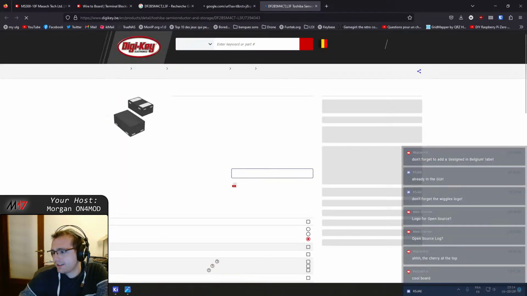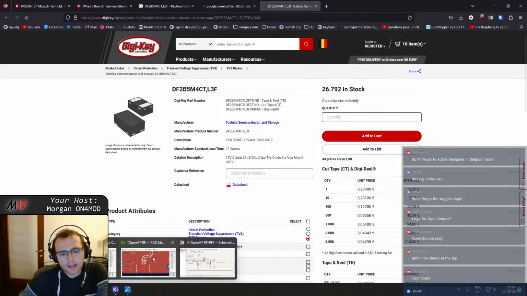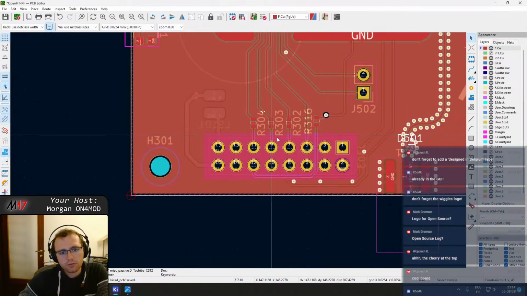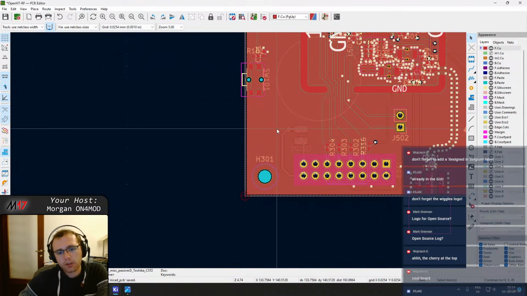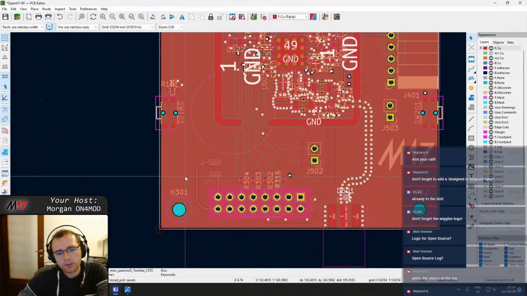Okay, I'm gonna add a small designed in Belgium label. I'm also gonna add a few features to see the layers of the board, so that when you see the board, you see that it's a four layers board, and also it helps the manufacturer understanding what it should look like.